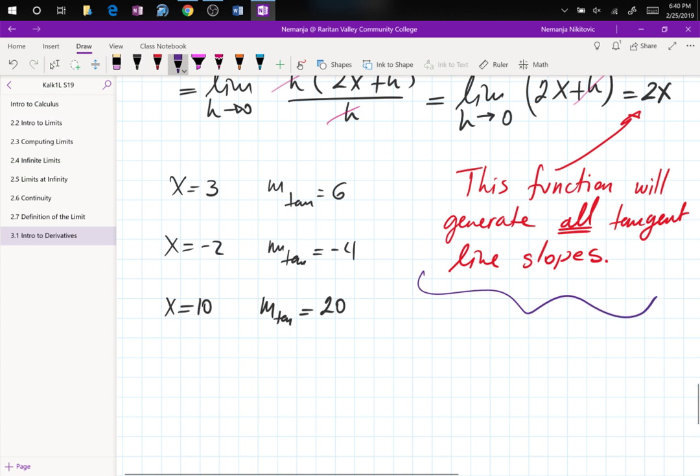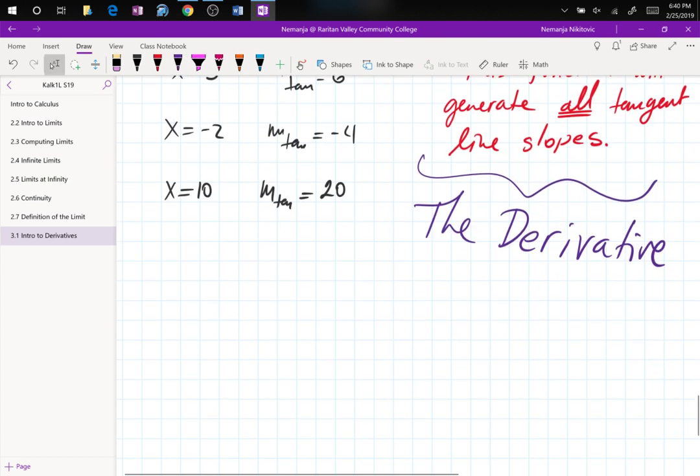So now, this is called the derivative. So what is the derivative?